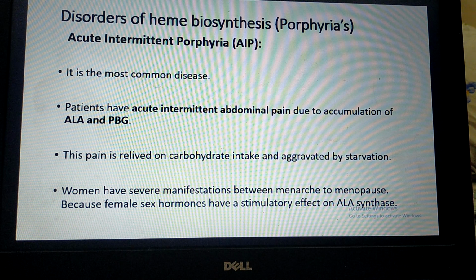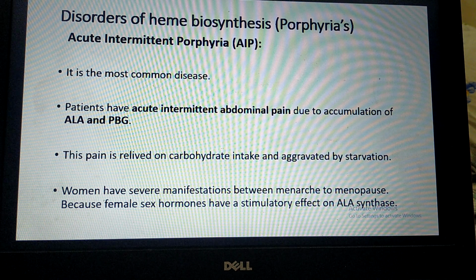So here when you take carbohydrate, the glucose inhibits ALA synthesis as well as PBG synthesis and relieves the pain. But starvation aggravates the pain. The opposite effect occurs in starvation, where glucose is deficient and hence ALA synthase is stimulated, which means it will synthesize more and more ALA and porphobilinogen.